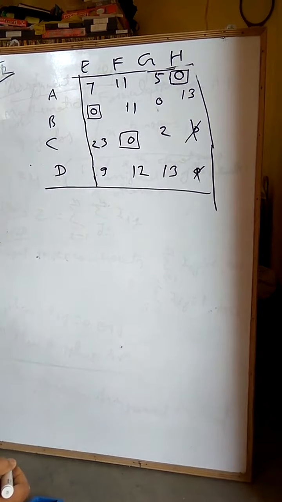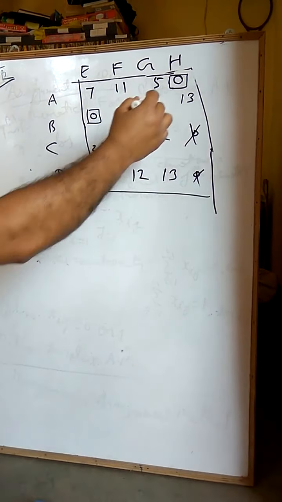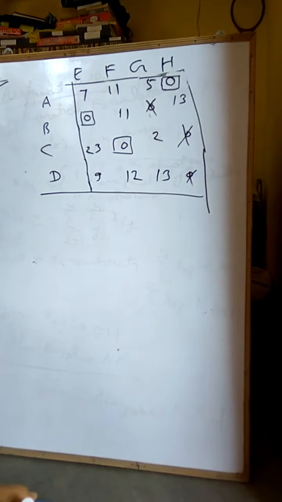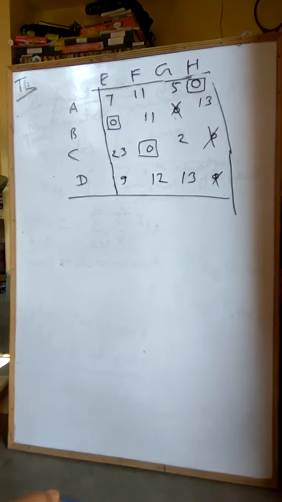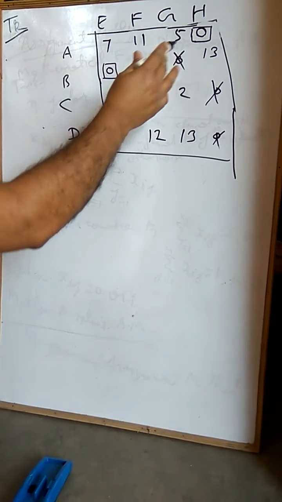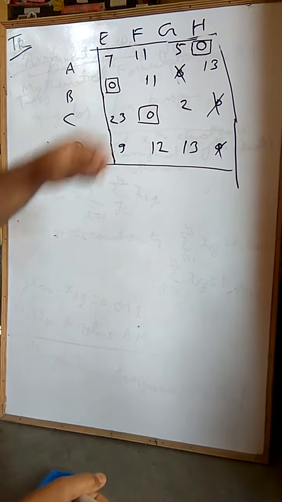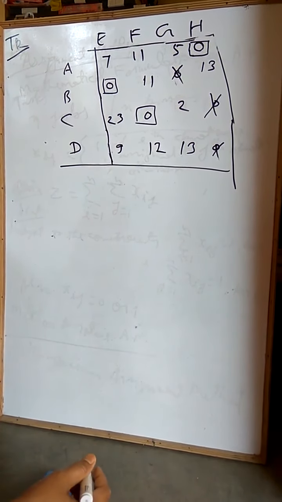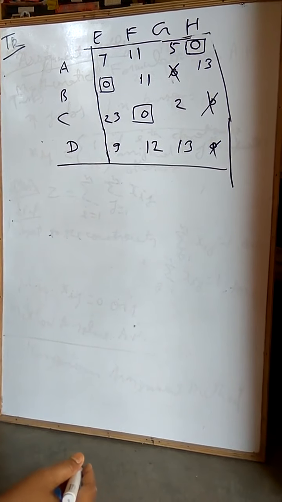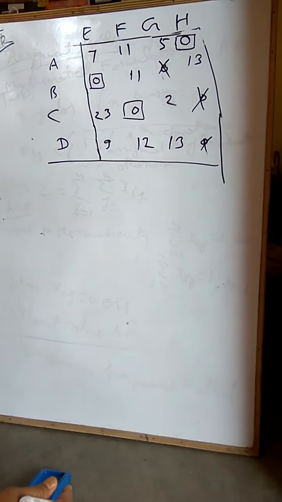We will cross this zero also. Now we can see that we have only 3 assigned zeros, but the problem is of 4 rows and 4 columns, so we must have 4 assigned zeros. Now we will need to make ticks.